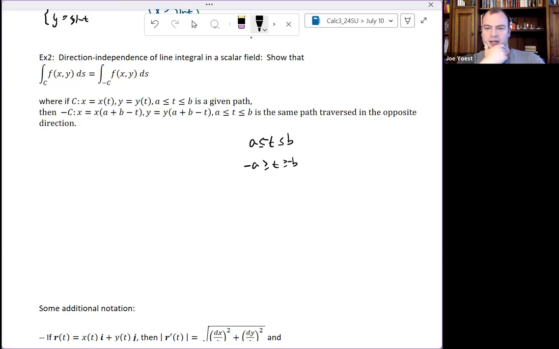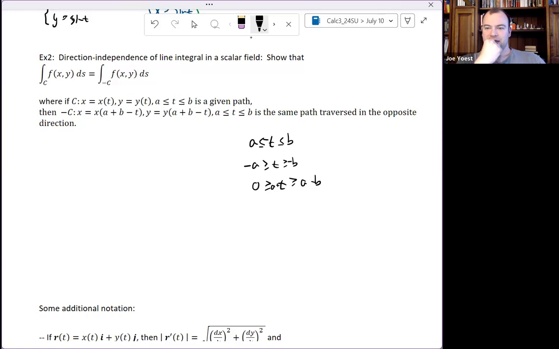And I guess I probably want to add a and b everywhere because I don't want to go from negative something to negative something. So if I add a to everything, I get 0 bigger than or equal to t, bigger than or equal to a minus b. Whoops, a plus t. I added a to everything.